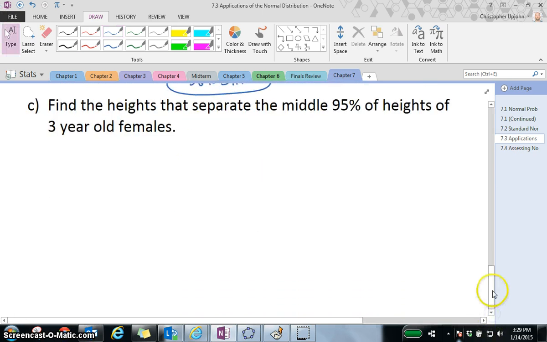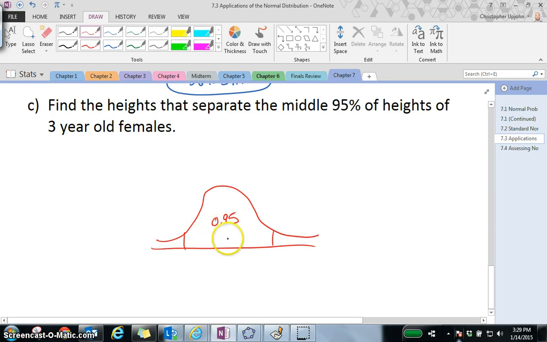If we want to find the heights to separate the middle 95%, again, I want to start with my diagram. So I know the middle here is 0.95. Again, I know area. I want to find those two values. Since we know the area of the middle, we can figure out the area in each tail. 1 minus that, we have the area of the other two is 0.05, and we have to cut that in half.